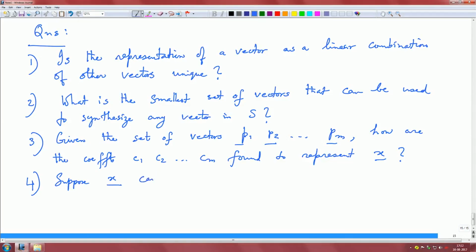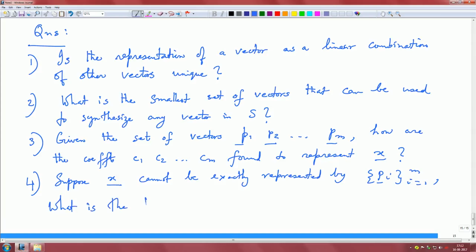Suppose X cannot be exactly represented by Pi. What is the best approximation?